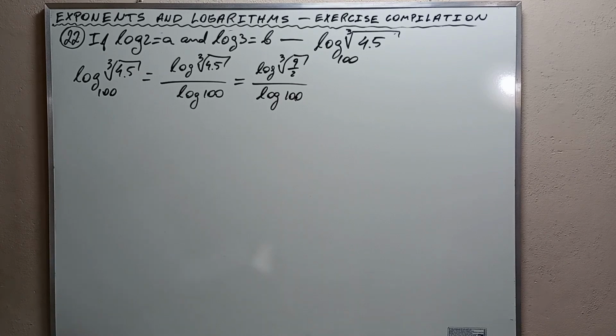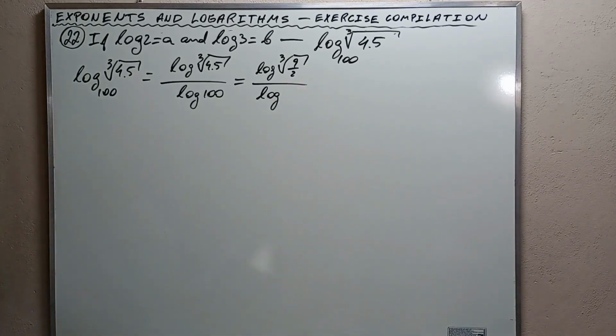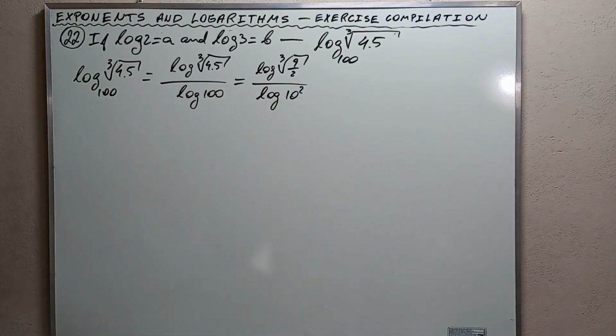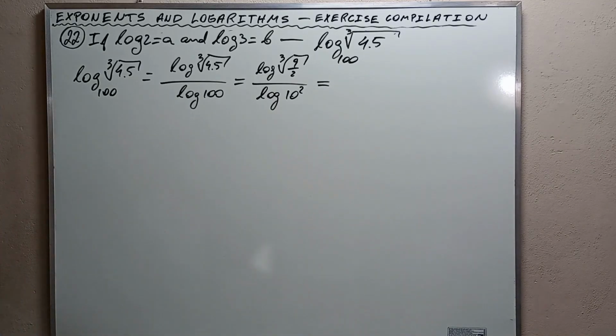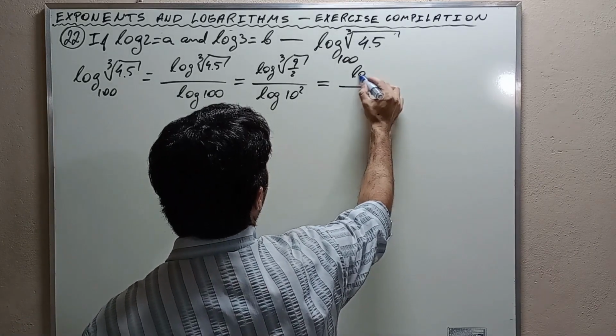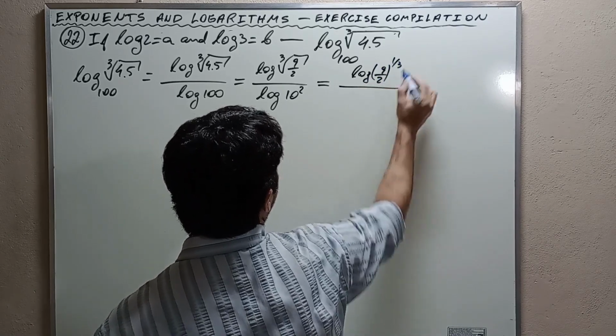But 100 is 10 squared. We can use 10 squared here rather than 100. Okay? And observe also that the cube root is equal to raising a number to the power of 1/3. It's the logarithm of 9/2 raised to the power of 1/3.